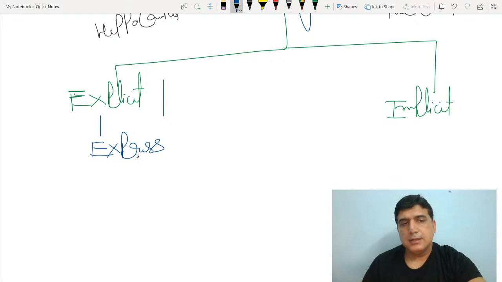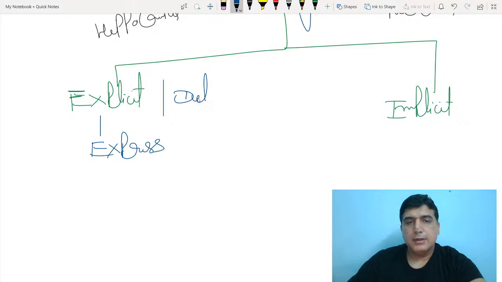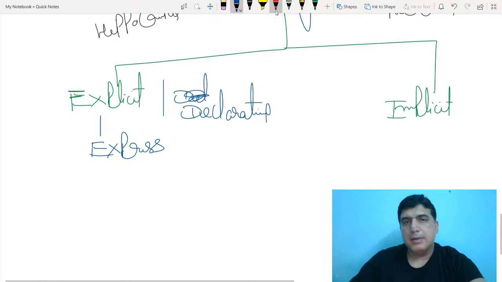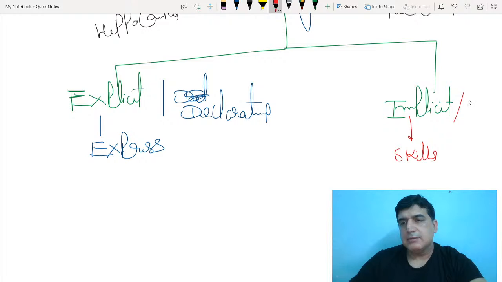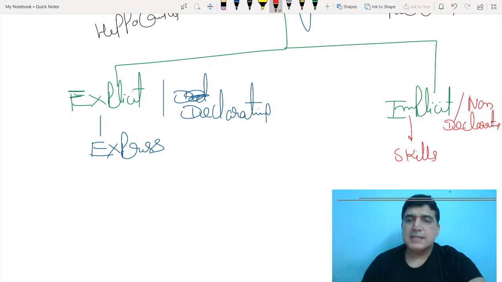That's why we call it also declarative memory. Implicit memory is a memory which we can't express. We can only show it through our skills. That's why we call it non-declarative memory.